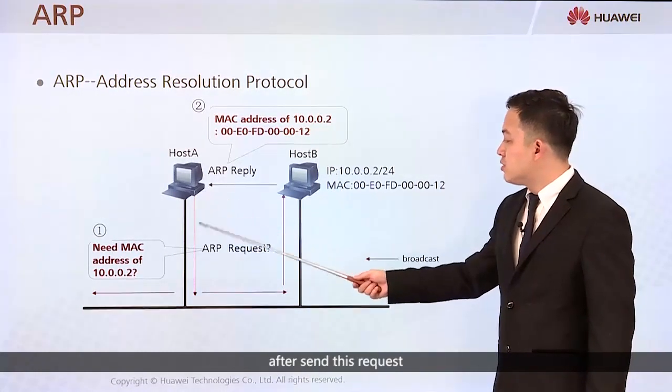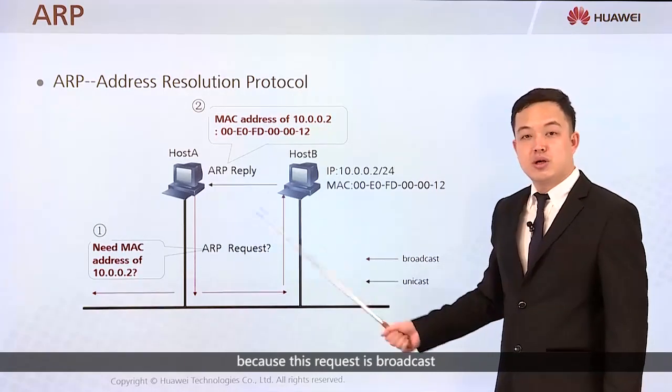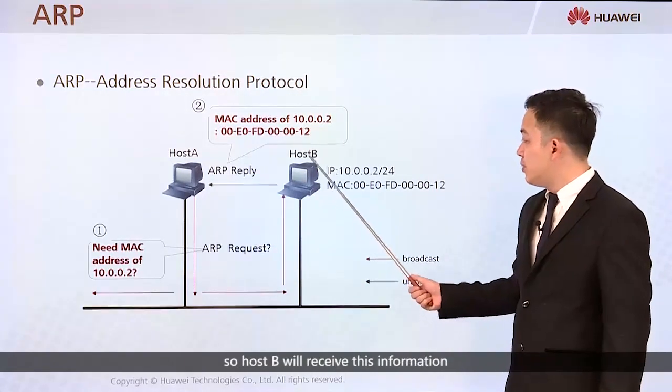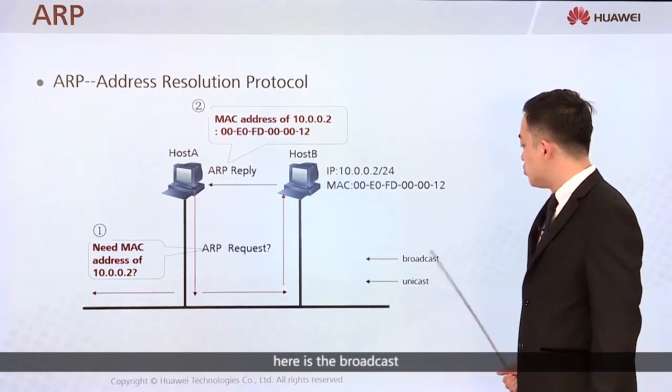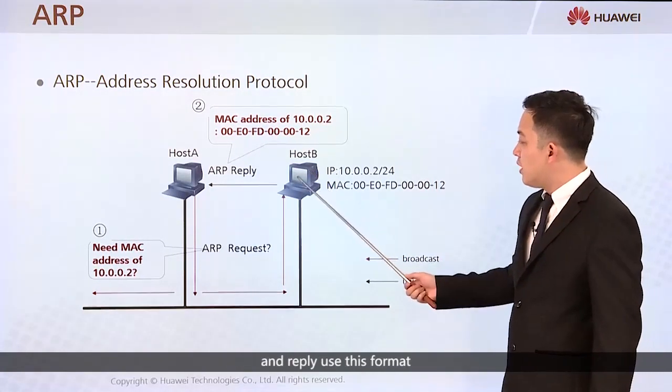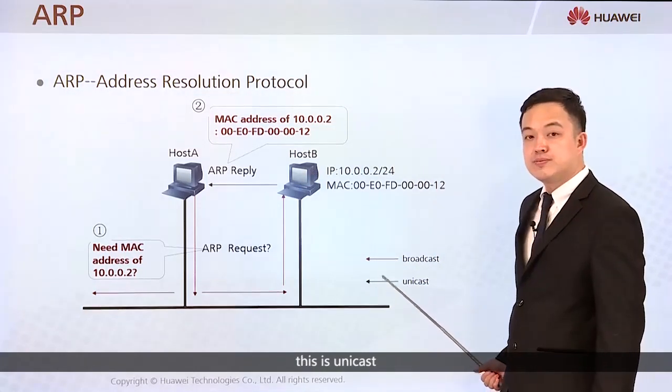After sending this request, because the request is a broadcast, host B will receive this information. Here is the broadcast. And the reply uses this format. This is unicast.